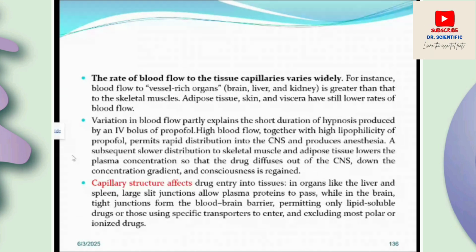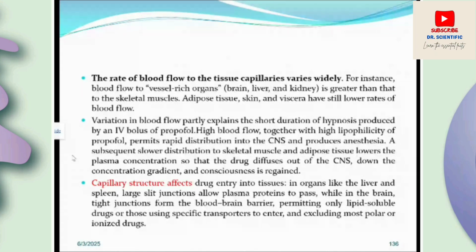High blood flow, together with high lipophilicity of propofol, permits rapid distribution into the central nervous system and produces anesthesia. A subsequent slower distribution to skeletal muscle and adipose tissue lowers the plasma concentration so that the drug diffuses out of the central nervous system down the concentration gradient and consciousness is regained.